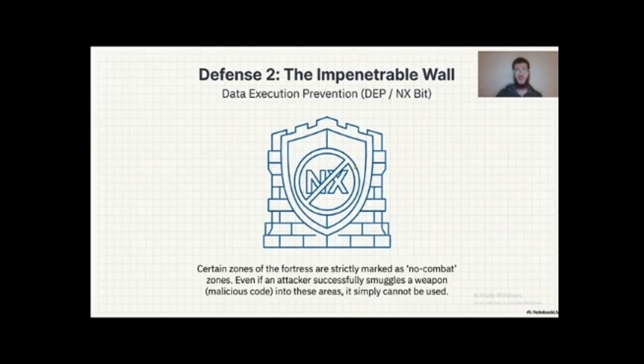Certain zones of the fortress are strictly marked as no-combat zones. Even if an attacker successfully smuggles a weapon, malicious code, into these areas, they simply cannot use it. The fortress will not allow weapons to be used in data areas.